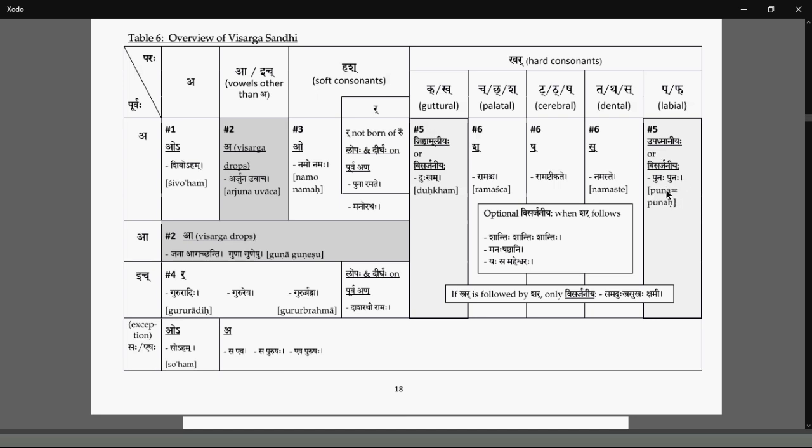Punah Punaha: this is the only place where fa is pronounced, Punah Punaha. This is the only place where you will hear the Hindi fa, the way you say fool. In Sanskrit there is no fa except in this scenario, Punah Punaha. In chanting you say Punah Punaha.